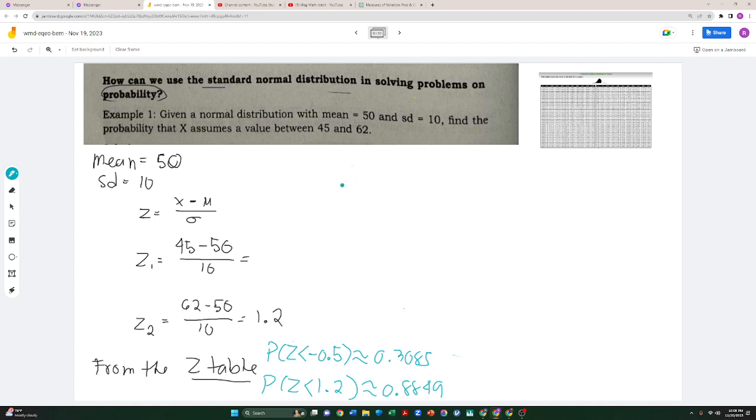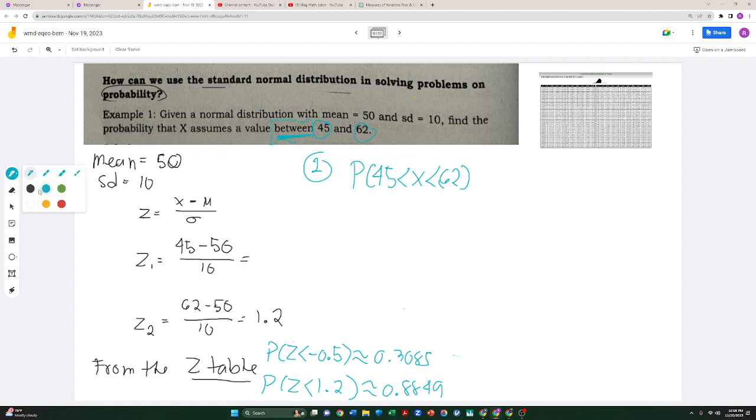So notice here in step 2, what it did is P(45 less than X less than 62), which takes 45 and 62 because it is between.